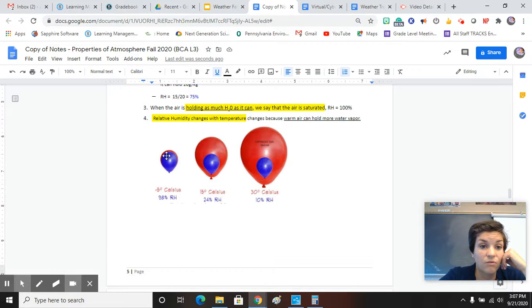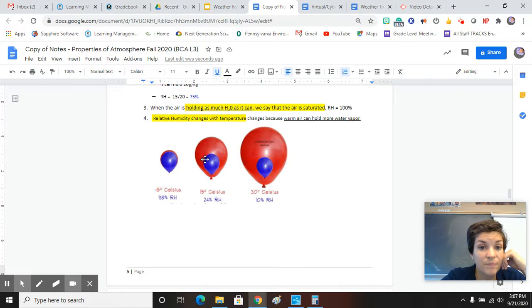Now, when it's cold, the air can't hold as much water, and it's almost completely full. You can see just a sliver of the red air there, but the water is almost taking up the whole space. So that air is very close to saturation. It's at 98% relative humidity.